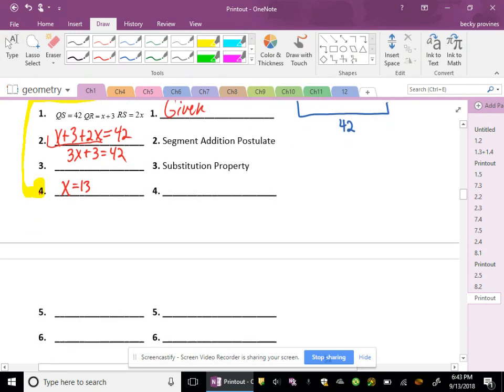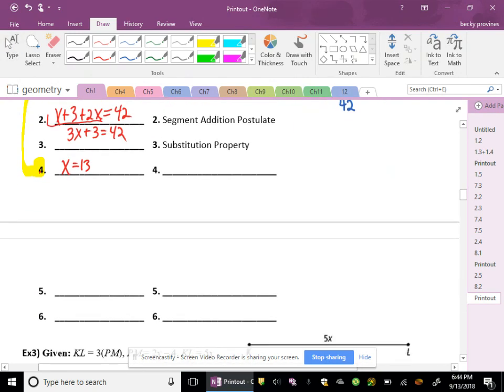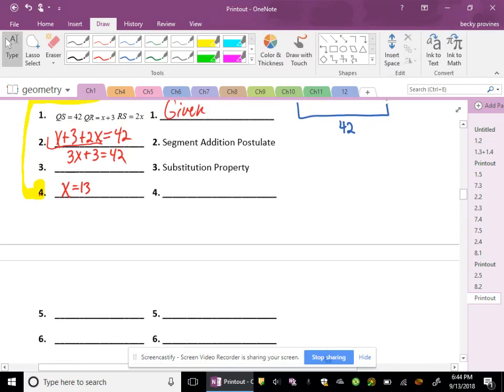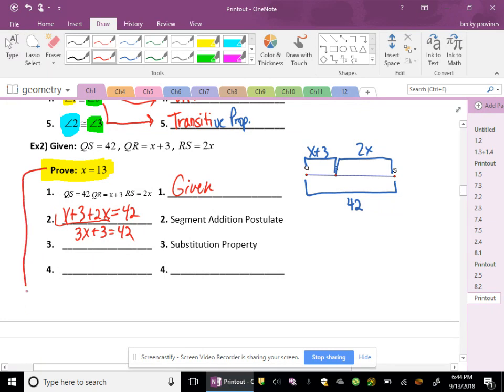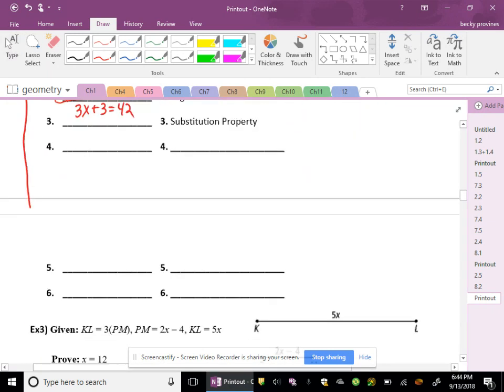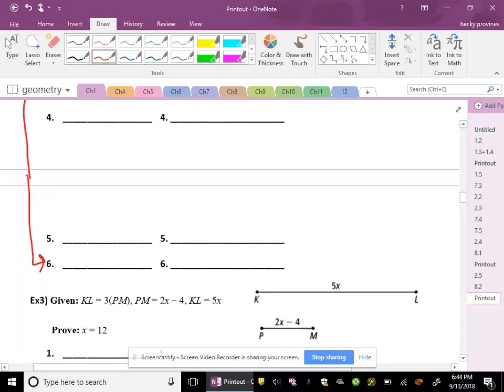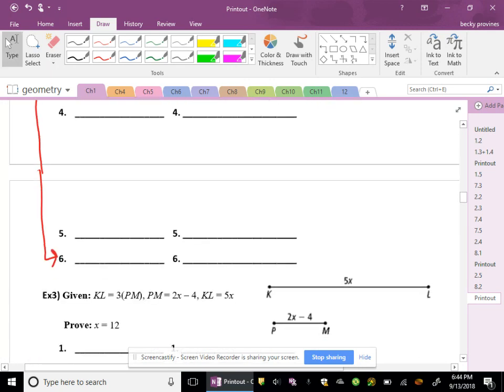If you look, there are more steps here. I'm sorry if I led you astray. This is what happens when I download my notes to OneNote. I don't realize there's more. Okay, this proof statement, guys, goes down, down, down to right here. So it is x is 13. I knew it didn't seem right.